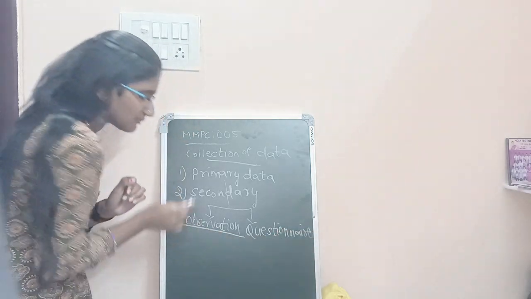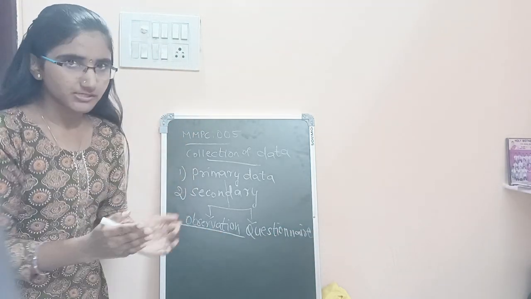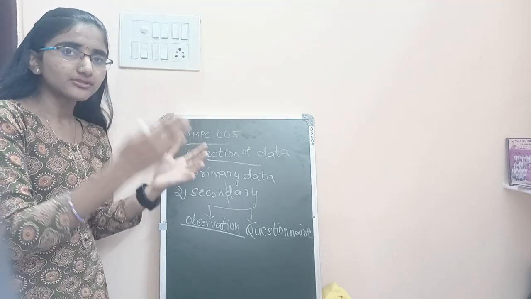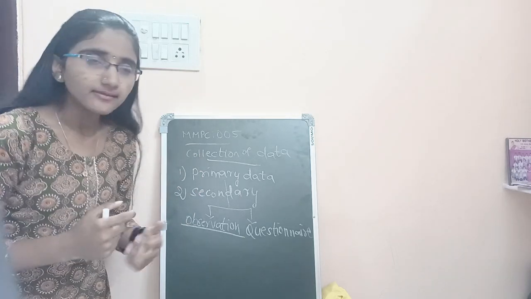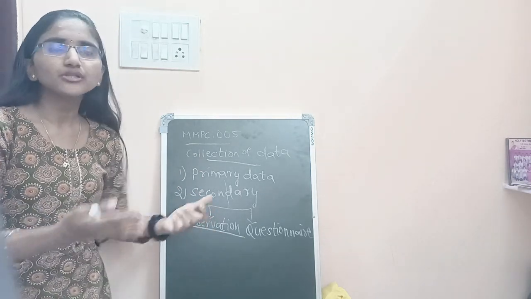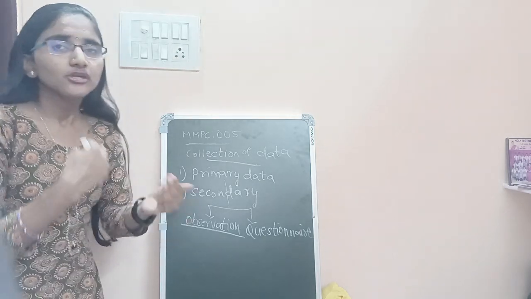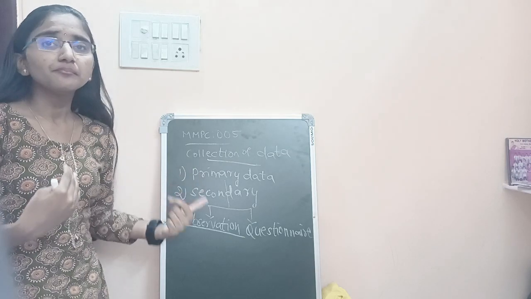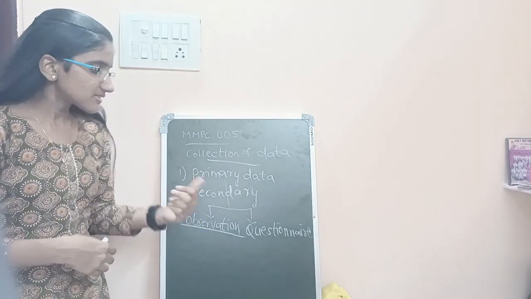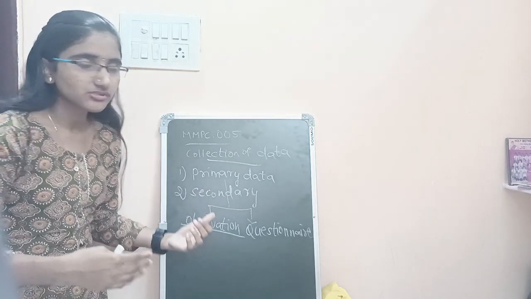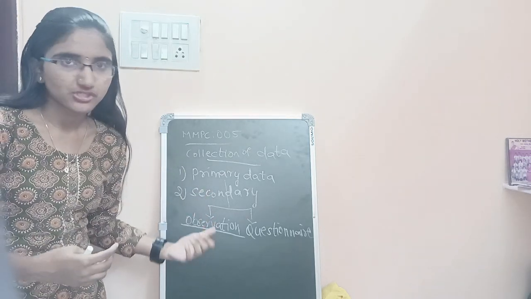In the observation method, you will observe the surroundings, observe the things that are related to the data and then collect the data based upon your observations. For example, you do lab experiments, right? You do the experiment, observe the things and then make the data according to it. Such data collection happens through observation.